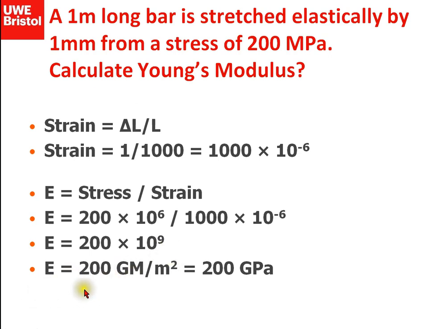So the Young's modulus we've found in this case is, there's a typo there, 200 giganewtons per meter squared. So that's 200 gigapascals. Sorry for that typo.